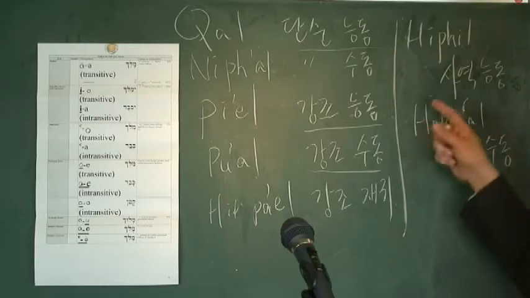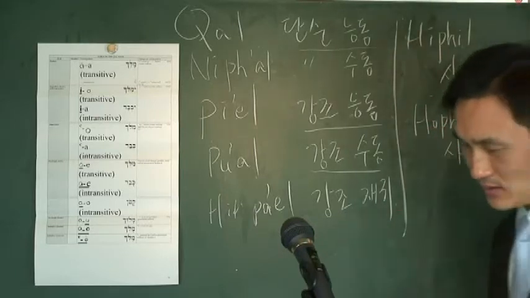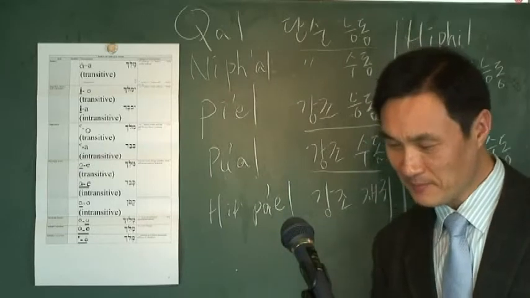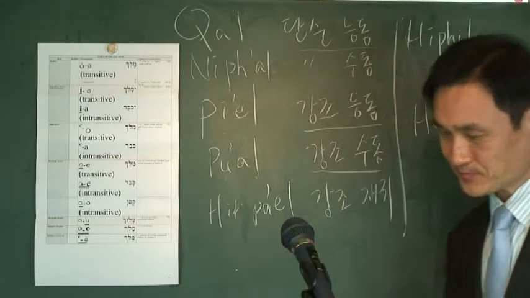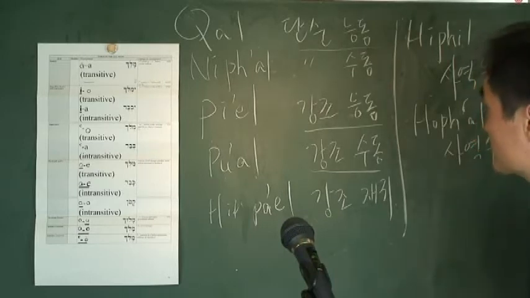The Kal, the Nifal, the Piel, the Pual, the Hitpael, the Hifil, and the Hofal are found in Hebrew verbs.